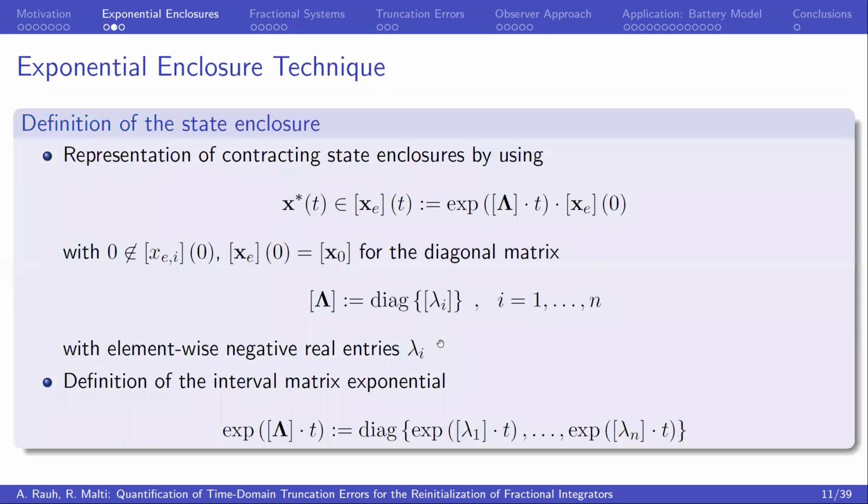Now, we're having a closer look at the exponential enclosure technique because I think that's quite inspiring in this case. In the exponential enclosure technique, we're describing solution tubes by exponential functions, where the parameter matrix capital lambda is a diagonal matrix with intervals on its diagonal.